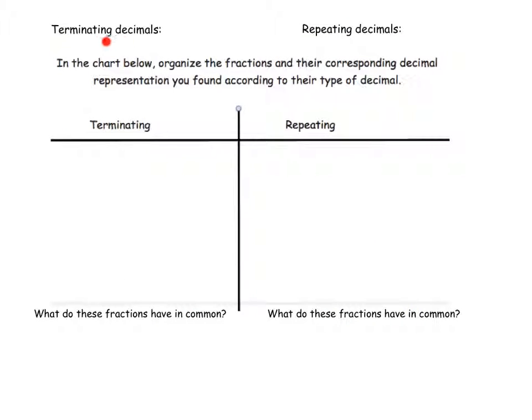So I want you to think, again, terminating, we know the decimals end. Terminate means to end or to stop. Repeat, it goes on and on and on, and not just in a pattern, but with repeating digits. The digits repeat.